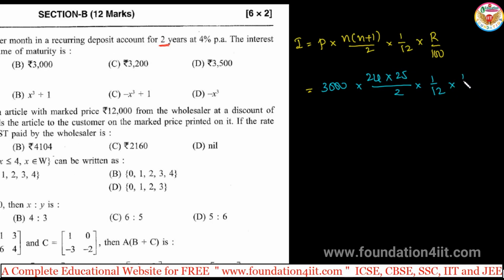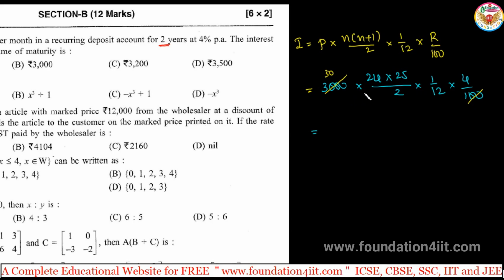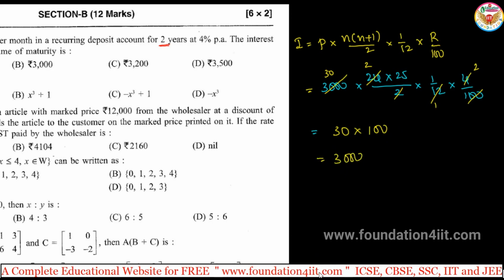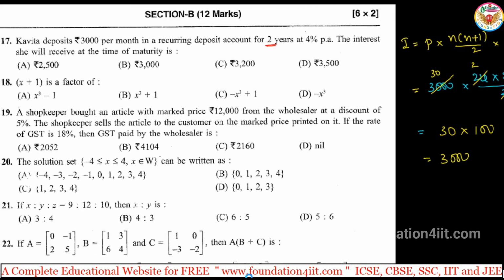Rate of interest is 4 given, so 4 by 100. Just substitute and simplify. It's easy. Make the calculation simple. 100 ones are 100, 12 twos are 24, and the numerators cancel. So 30 into 2 into 25 is 50, 50 into 2 is 100. So the interest is 3000. So it's option B.